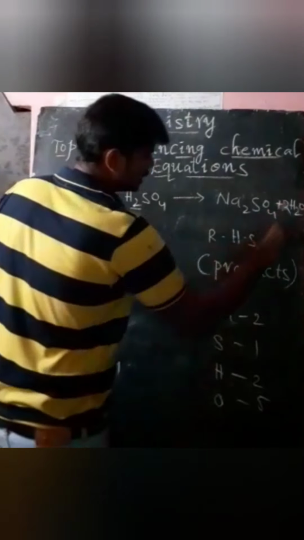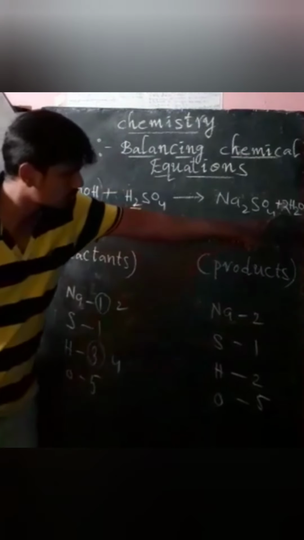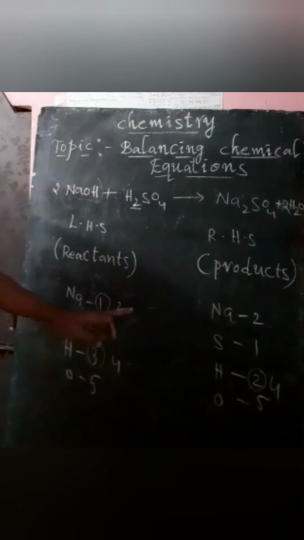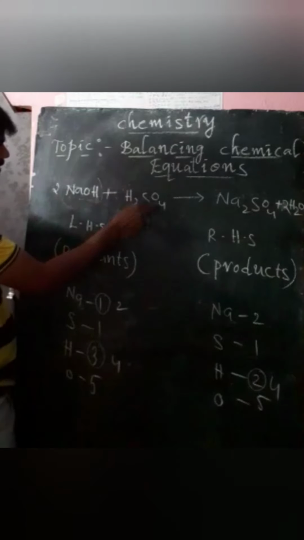On the RHS side the number of hydrogen atoms is 2. If we put 2 here, 2 twos are 4. So the number of hydrogen atoms is now 4. See here, on the LHS side and RHS side the number of hydrogen atoms is the same. When you come to the oxygen atoms, here 2 oxygen atoms, here 4 oxygen atoms, total 6 oxygen atoms.